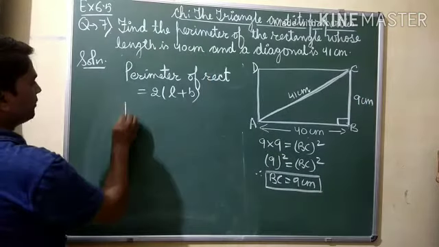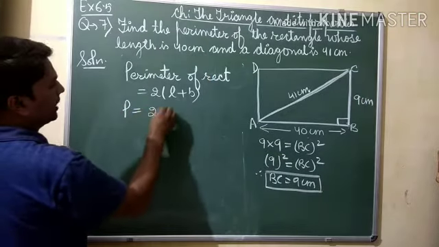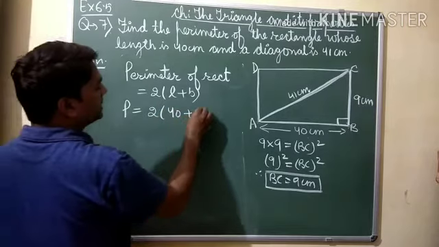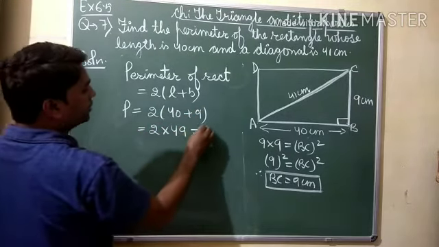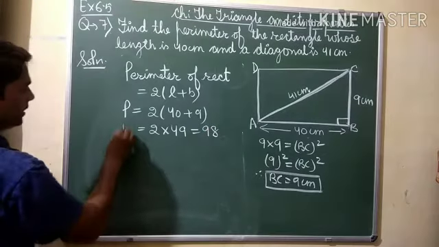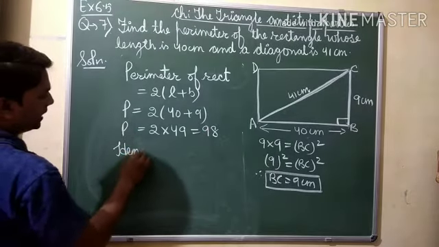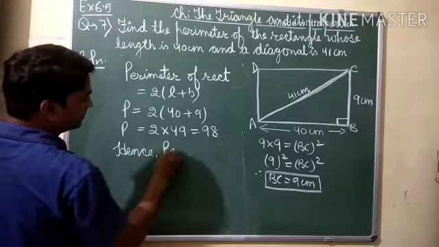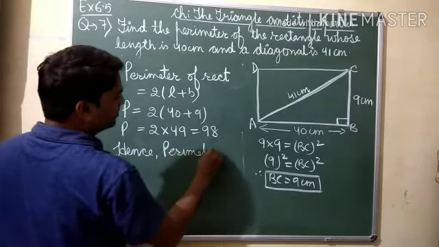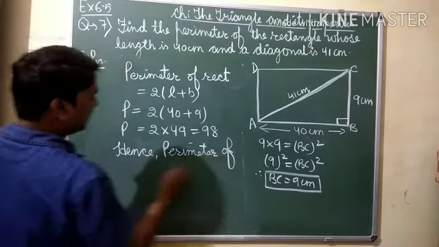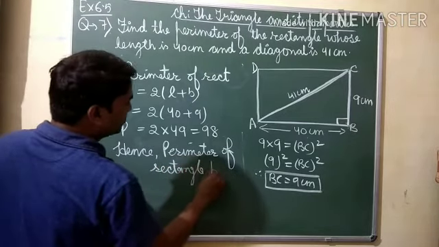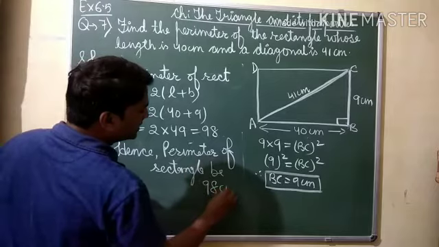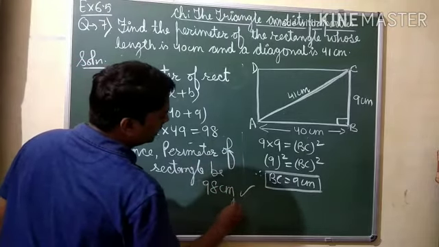So the perimeter of rectangle is equal to 2 multiply 40 plus 9, which is equal to 2 multiplied by 49, which is equal to 98. Hence perimeter of rectangle is 98 centimeter. So this is the required answer.